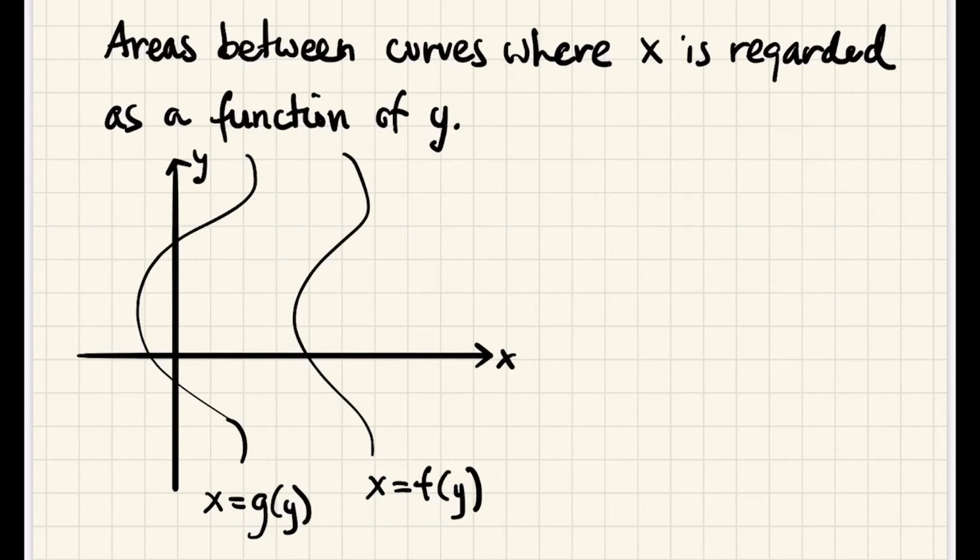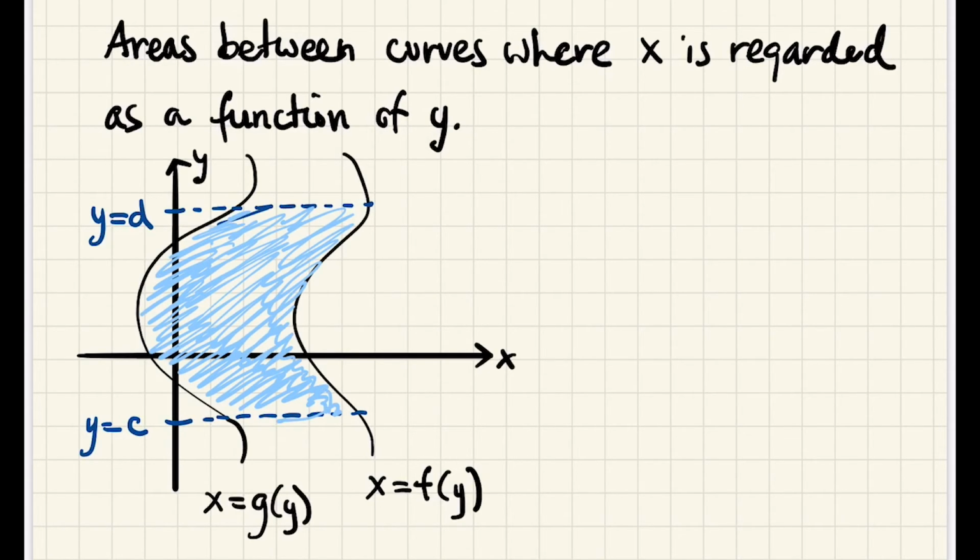And this time we're going to choose 2 y values, so why don't we have, say, y equals c, y equals d, and that is the area that we're interested in. So what we're going to do is add up a bunch of rectangles that look like this. They have a width of dy, so we're going to integrate with respect to y.